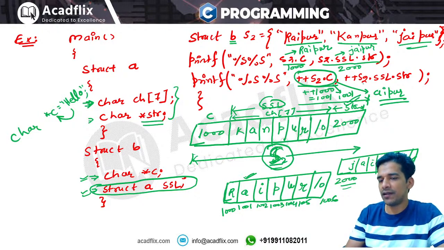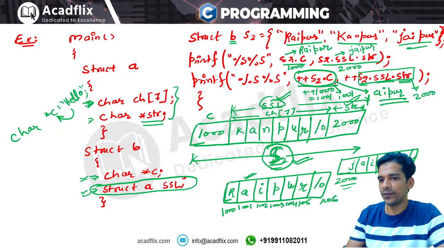Then the second statement will print s2.ssl.str plus 2000. Because we know that the dot operator has higher precedence than the plus operator, you will go to the structure S2, access the structure SSL, and then access the str member, which has the address 2000. So this part will give you the 2000 address.